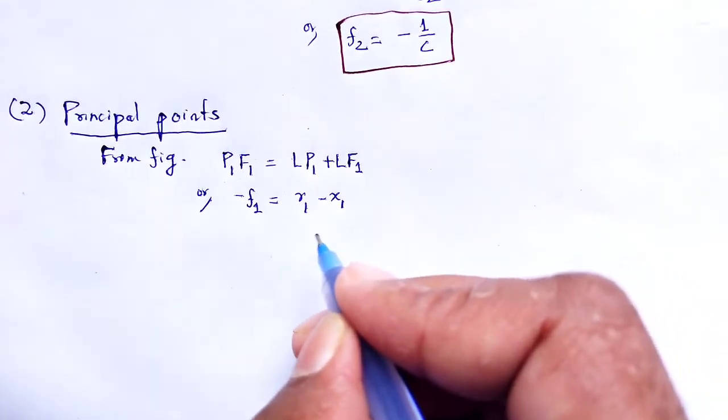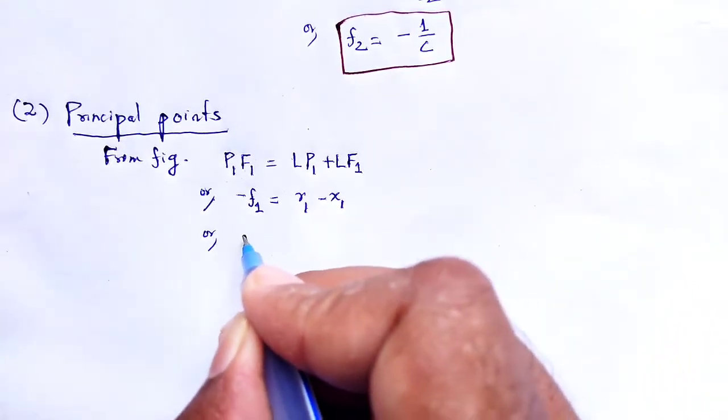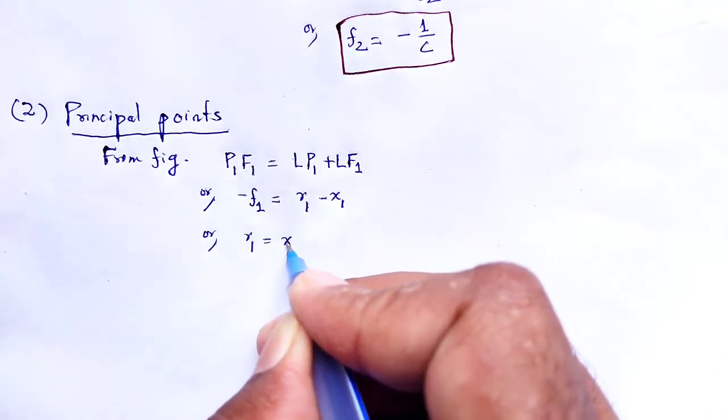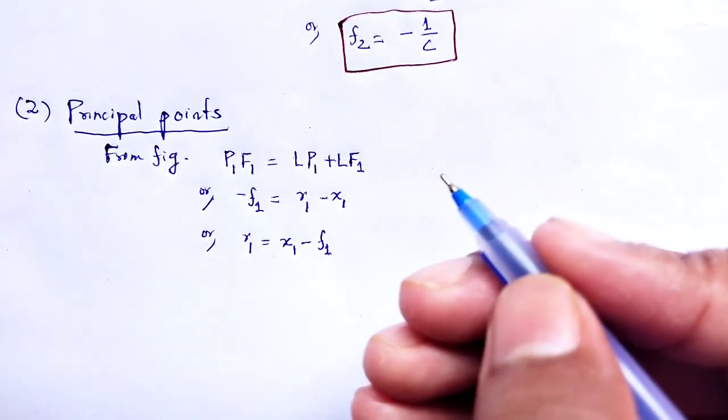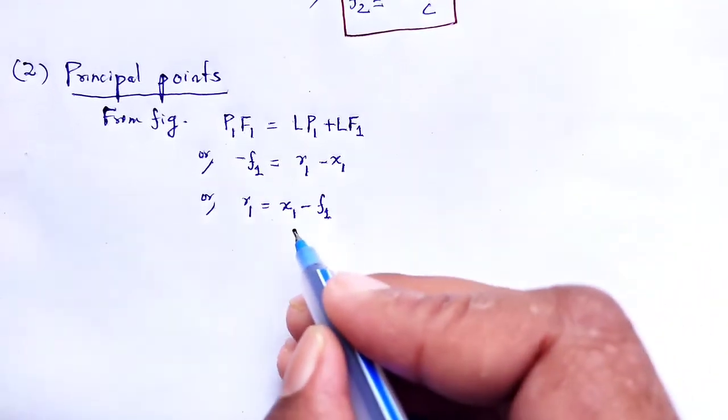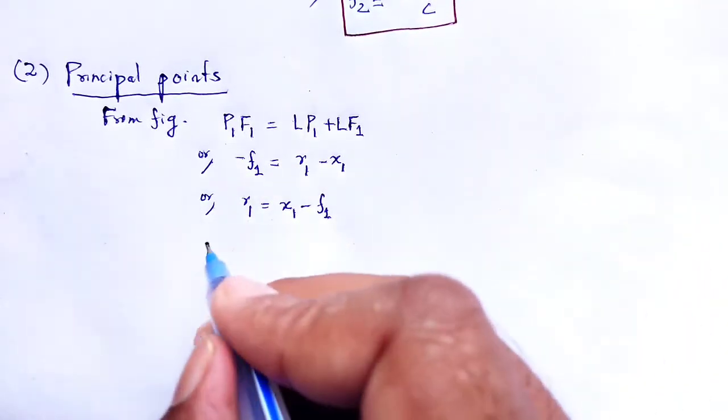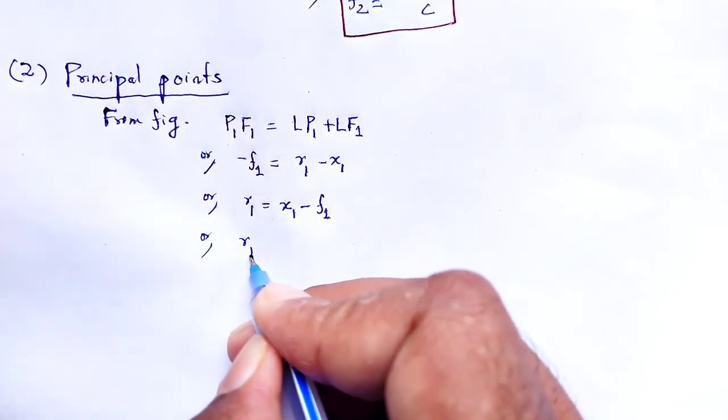Using the sign convention, R1 is equal to X1 minus F1. Now the values of X1 and F1 are put here. So R1 is equal to the value of X1 as we derived.